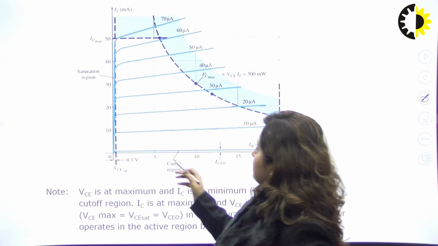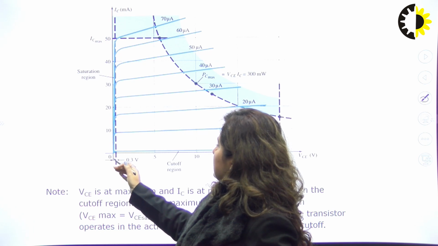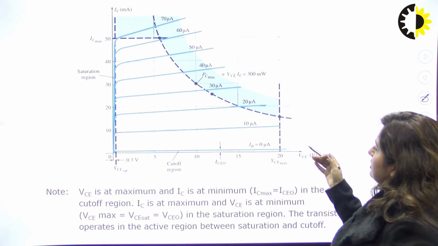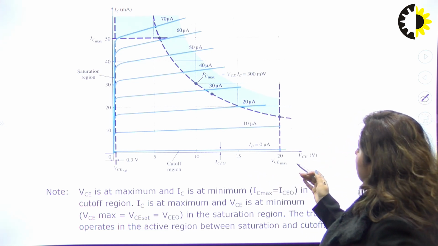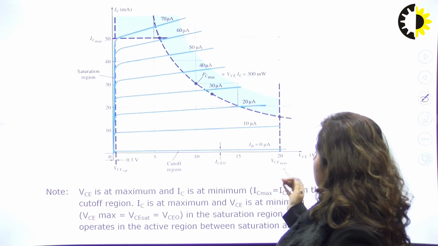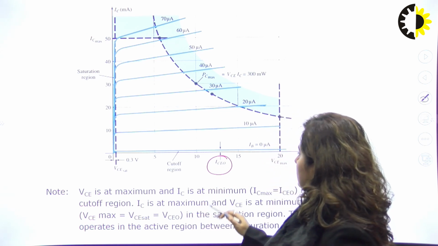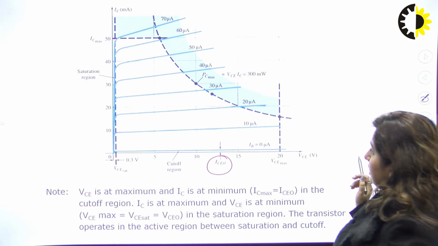We have a saturation region just below the value, that is VCE saturation, and the active region is in between the currents. So we have again a rise in the current when you increase the voltage, that is VCE in volts. There is some point where it is shown as ICEO, which is the collector emitter current.